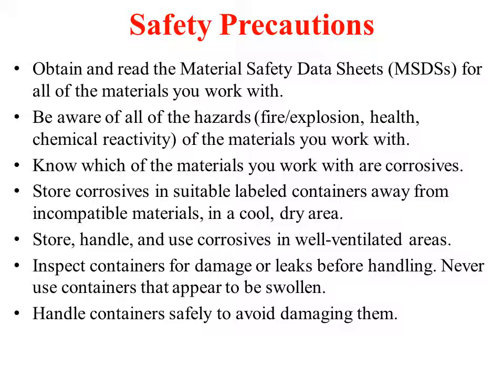It states the properties of that chemical, the hazardous nature, the working environment or temperature it should be in, or in case there's a spillage or contact with such chemical, what has to be done. All this will be provided in the MSDS. So once we obtain that MSDS, we'll have an idea what type of material we're going to handle, and we can plan accordingly.